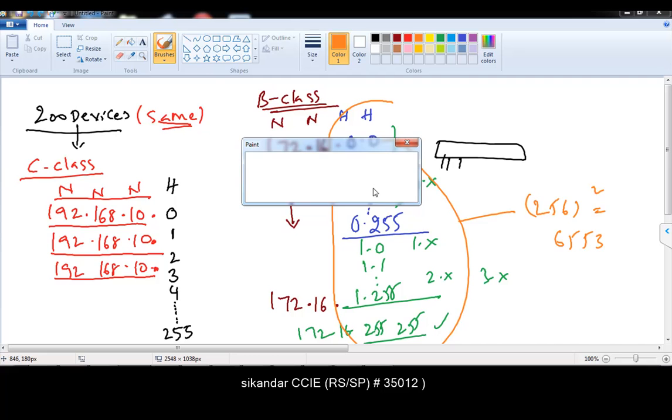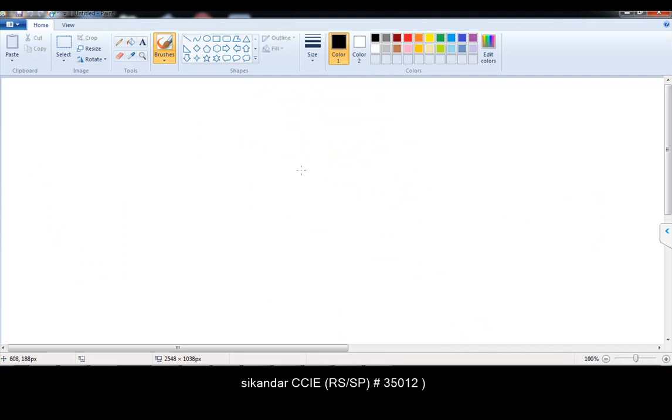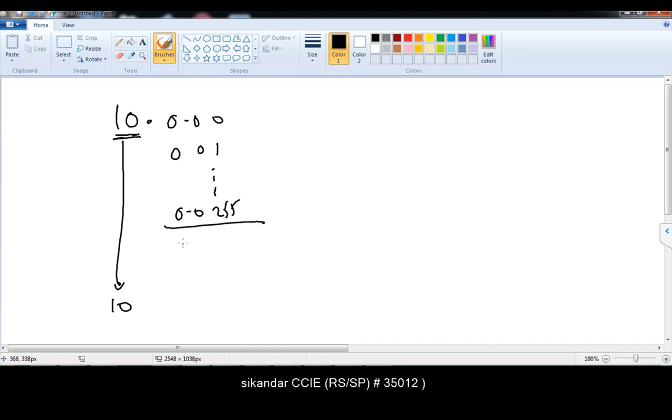Similarly, think about A class. In any A class, I have to make sure the first portion, 10, stays the same till the end, and I can change the rest from 0.0.0, 0.0.1, up to 255. Once you finish this portion, you continue with 0.1.0 and go up to 0.1.255, like that up to 0.255.255.